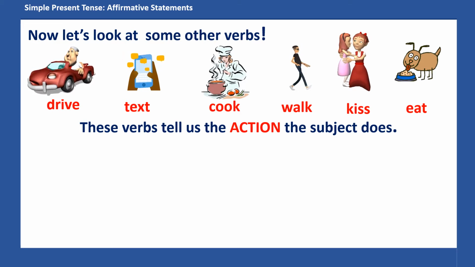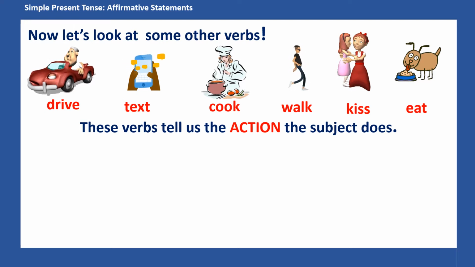The subject is I, and what action do I do every day? Text. My mother cooks every day. Subject, mother. What is the action? Cooks. My brother walks to school every day.